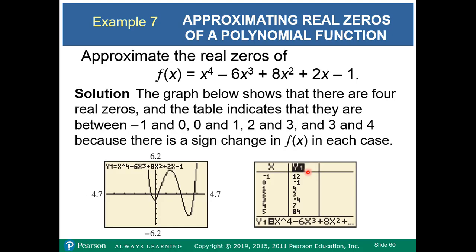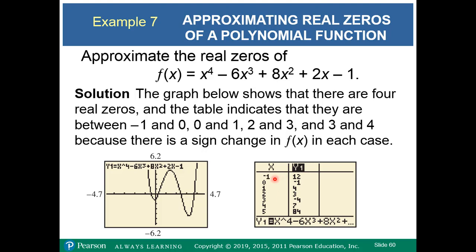The graph below shows that there are 4 real zeros, right? So we got 1, 2, 3, 4. And the table indicates that they are between -1 and 0, 0 and 1, 2 and 3, and 3 and 4, because of the sign change.